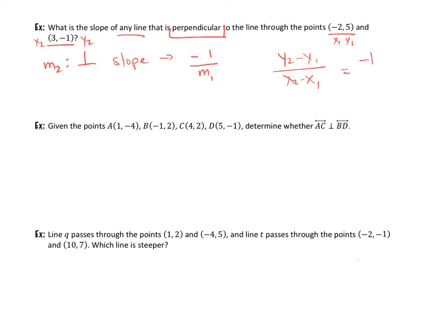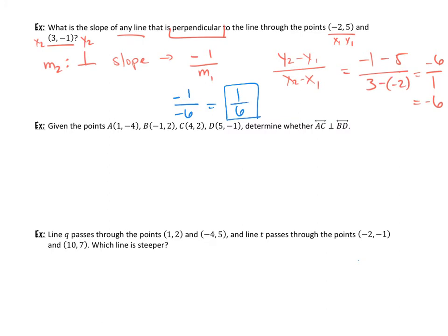So that becomes -1 minus 5 over 3 minus -2, which equals -6 over 1, or just -6. And so now to find the slope of the line that is perpendicular to that, I plug in -1 over -6. The negatives cancel, and I'm left with just 1/6.